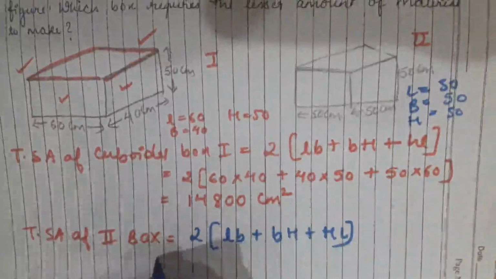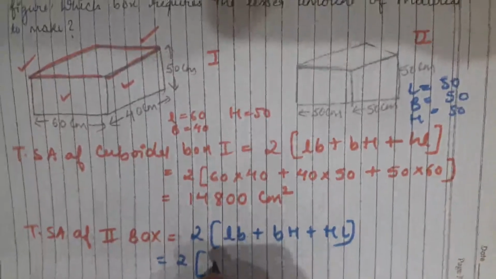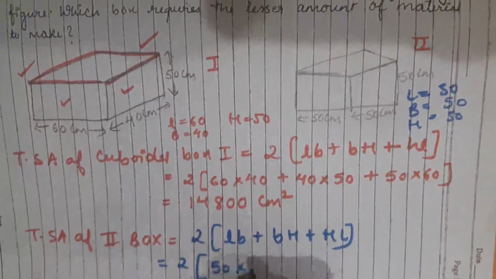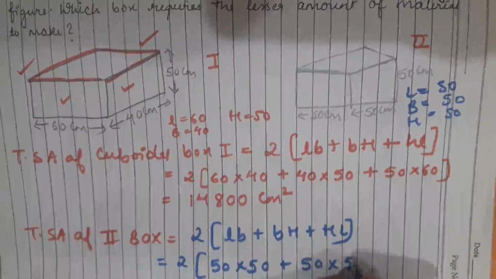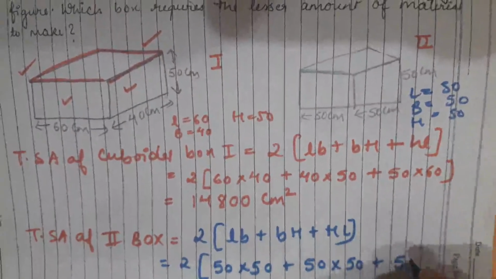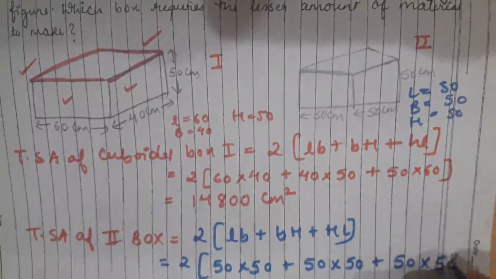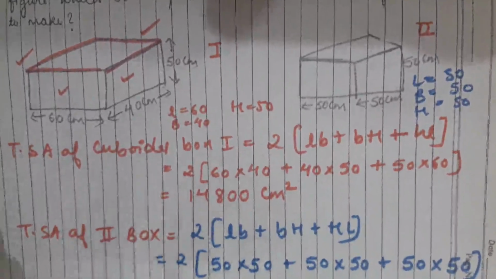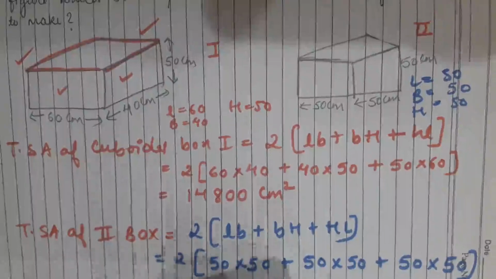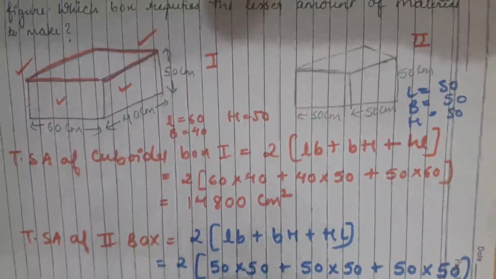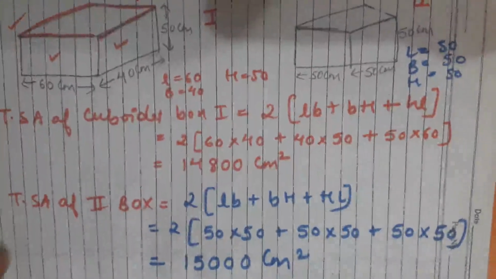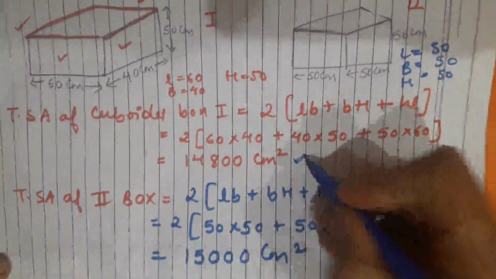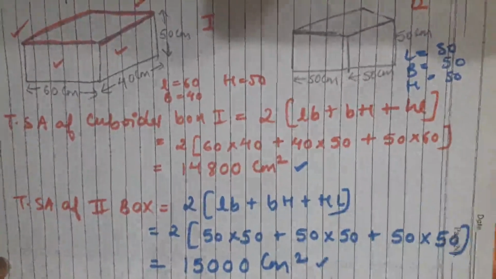So put these values inside this: 50 into 50 plus 50 into 50 plus 50 into 50. After solving this, you will get 15,000 centimeter square.